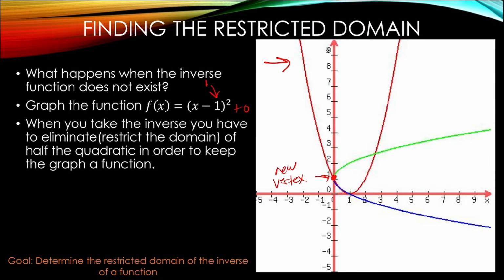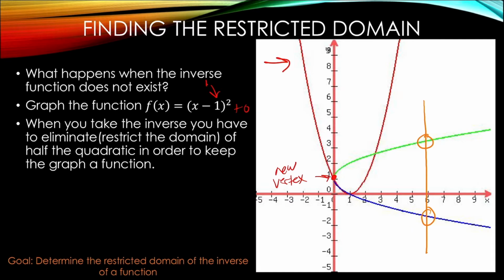Notice it's two colors. That's because you have to graph it separately because it's a new function. If I take a vertical line, notice it is hitting in two spots. This tells me it does not pass the vertical line test. It should only hit once on a vertical line.